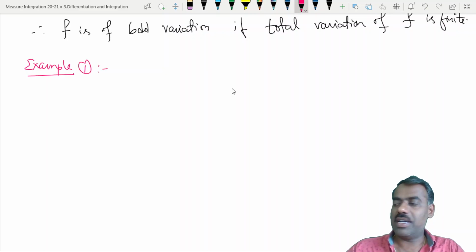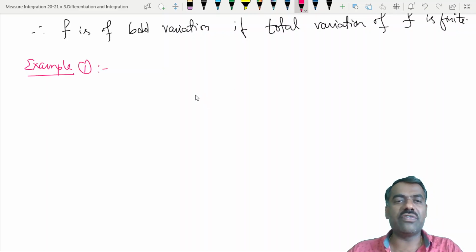So first take f, suppose a monotonically increasing function.